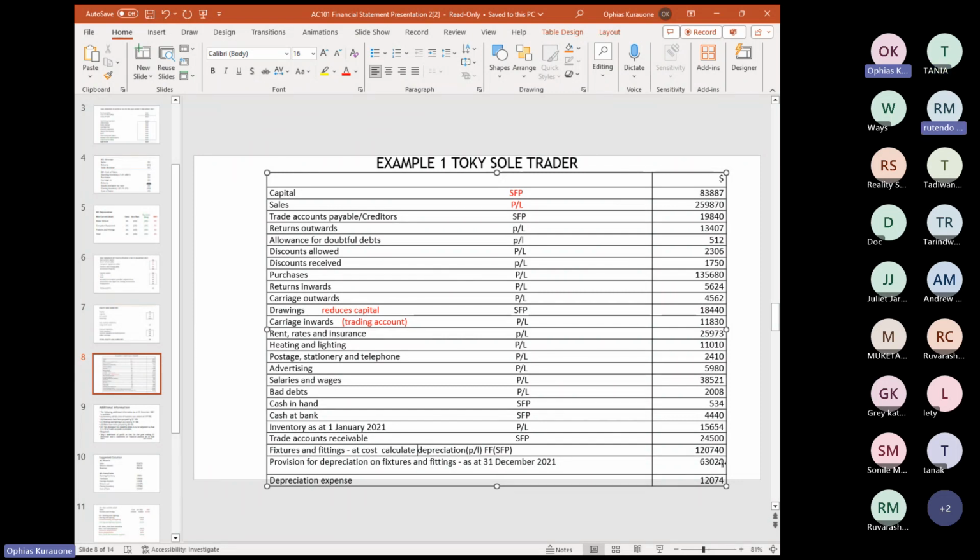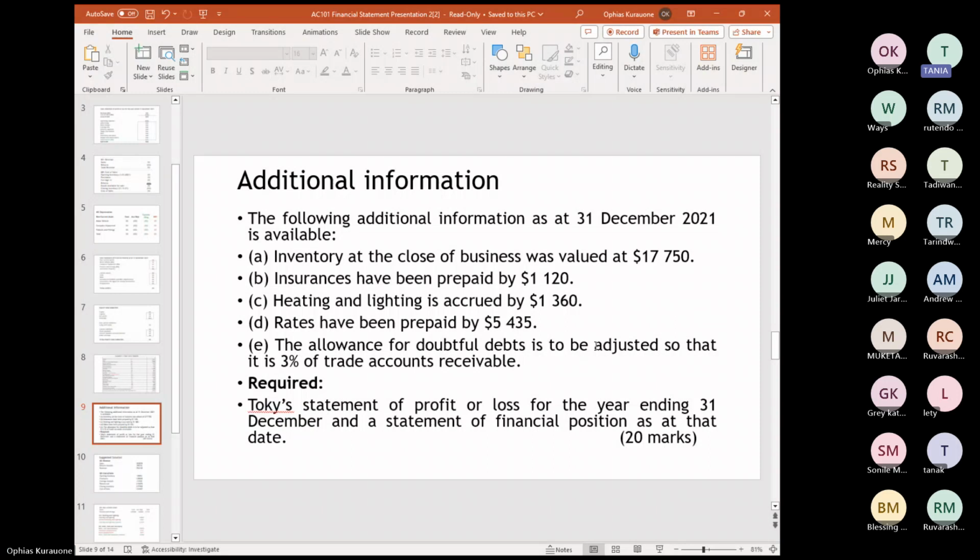We don't take this figure as it is, but we use it for calculating the current amount for that period. Depreciation expense is given as 12,074.